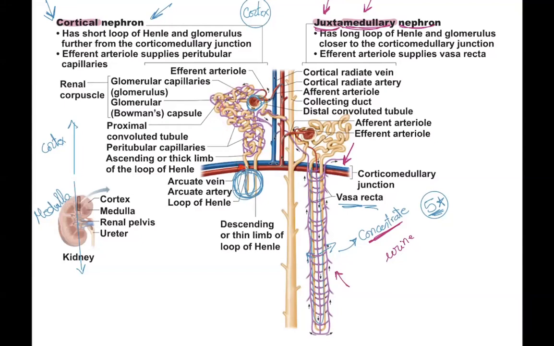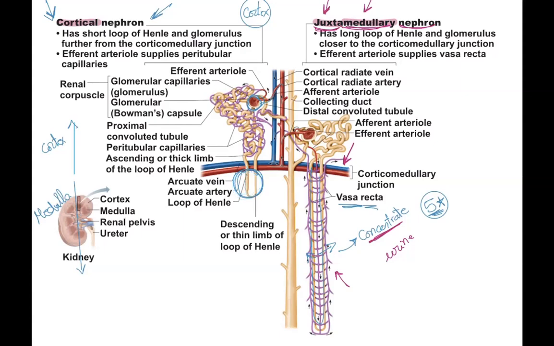They have a short loop of Henle that travels for a brief depth into the medulla. Compared to the juxtamedullary nephrons, they do have a long loop of Henle surrounded by those straight vessels, the vasa recta. If the blood is coming from an artery, there's going to be an afferent arteriole. Coming out from the glomerulus, this is going to be the efferent arteriole.